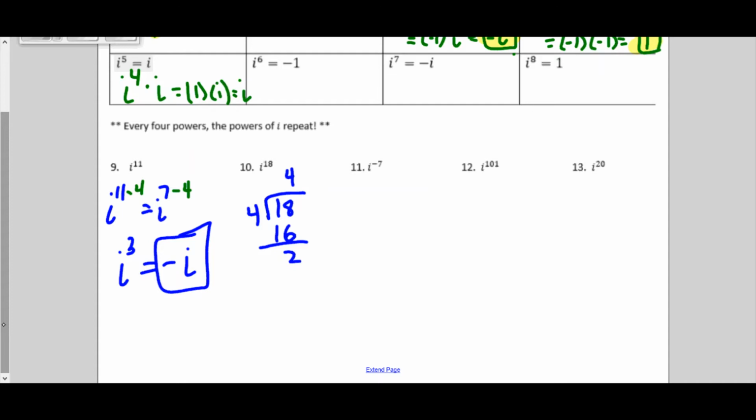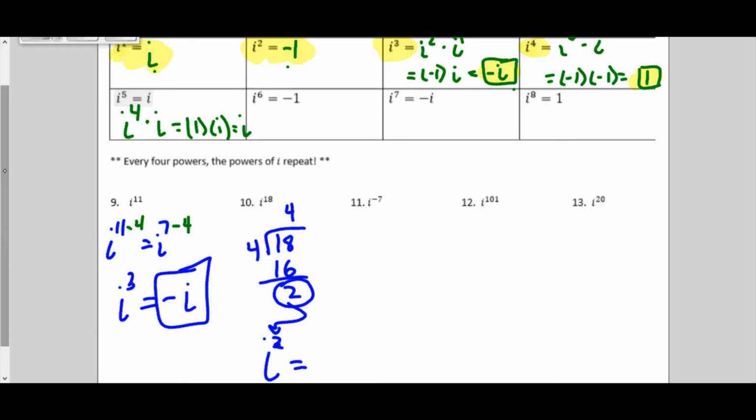The only tricky part here is that when you're dividing, the remainder becomes your exponent on i. So this would be i squared, which is negative 1. It's very important when you're doing the division method that your remainder is your power on i.